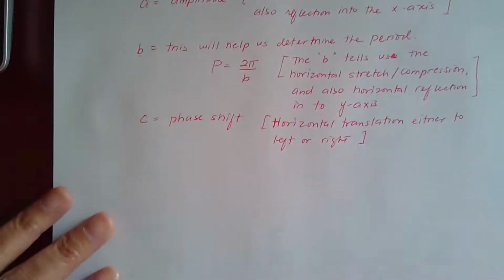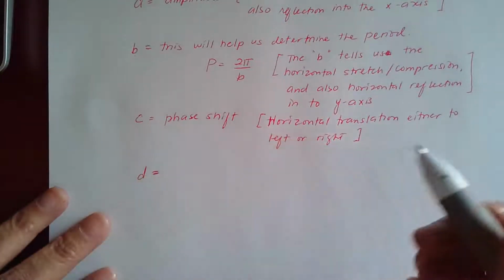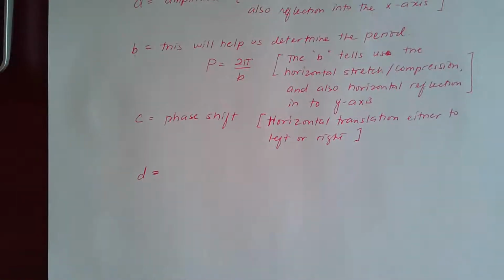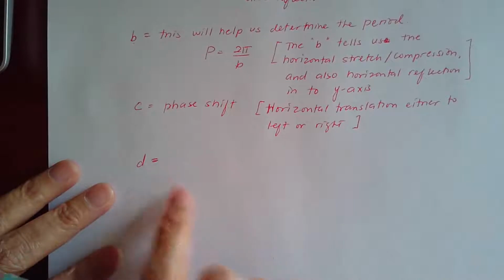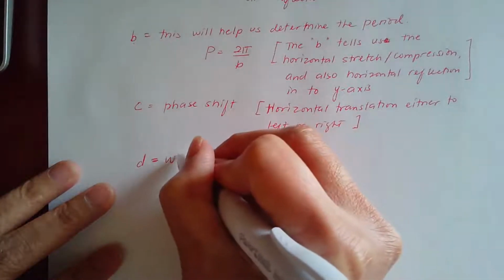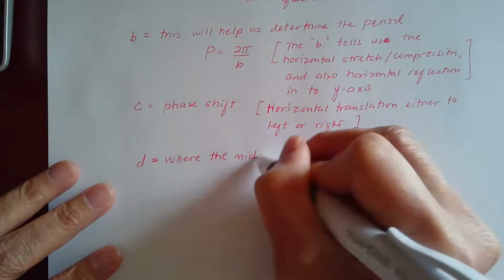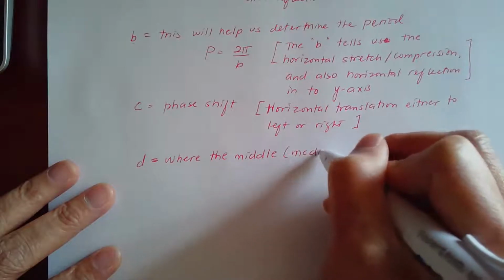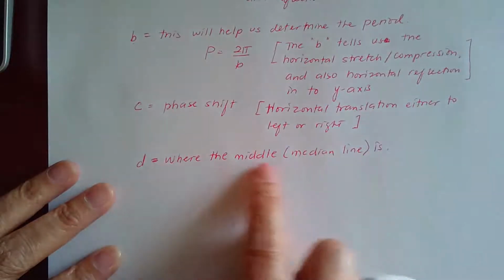And then the D, I'm looking at the notes that we took yesterday. The D is the vertical translation, moving the graph up or down. I don't think this is something in the booklet, but the D actually tells us where the middle or median line is. We will talk about that today.